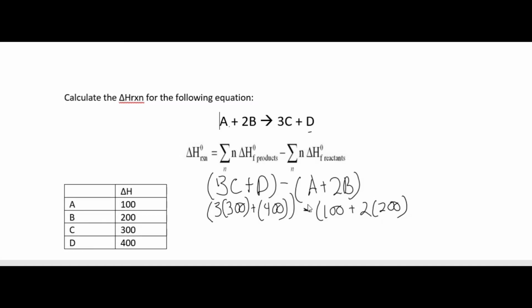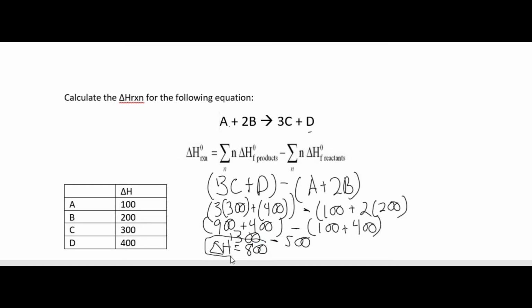So let's add everything. 900 plus 400 minus 100. So this is the final answer.